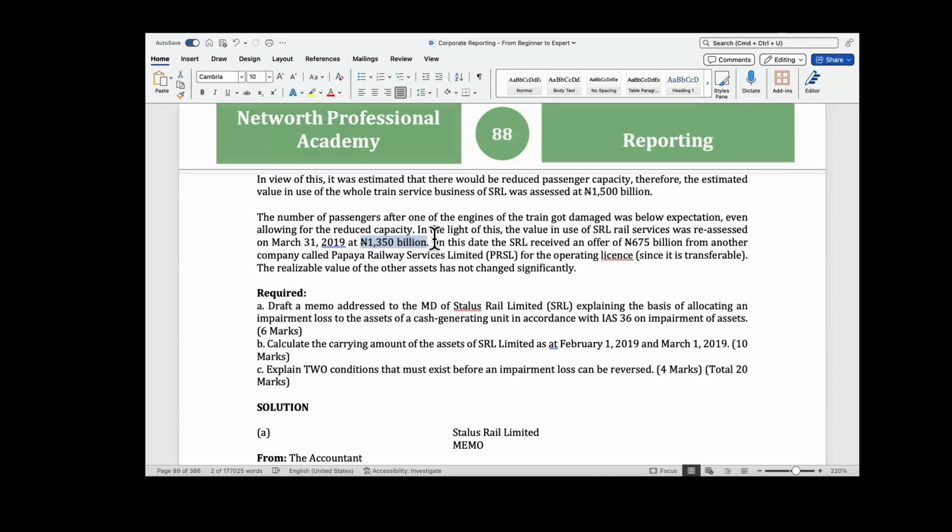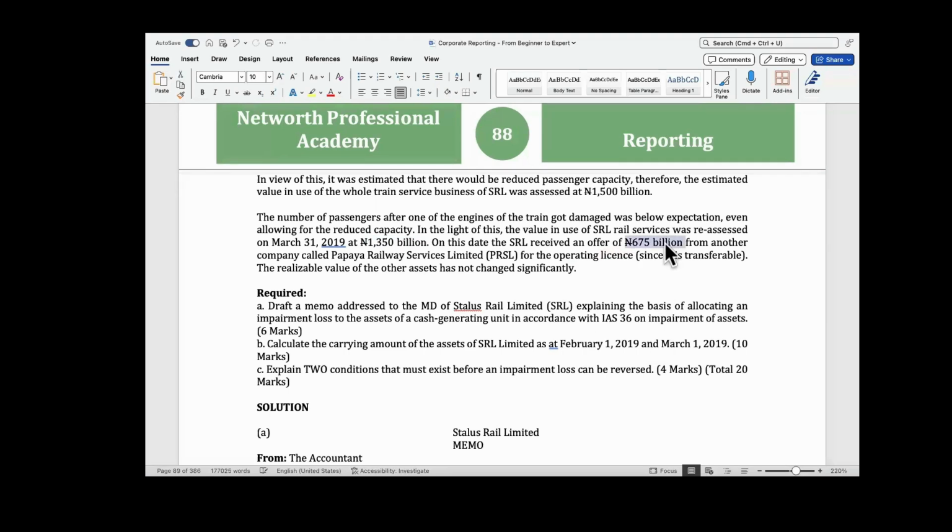Also, we're told that in 2019 the company received an offer for the license. That goes to show that this question is indirectly giving us the net realizable value of the license.